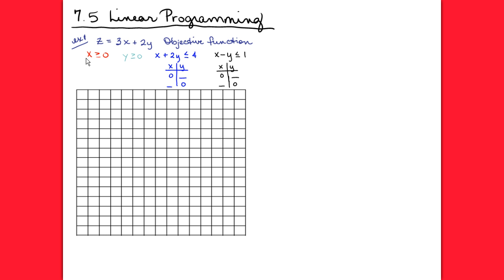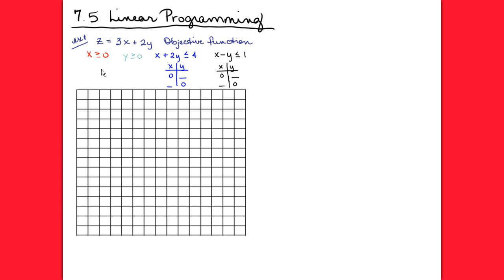All right, so let's start with x is greater than or equal to 0. We said that if you were going to graph an inequality, treat it just as if it said equal to. So what does x equals 0 look like? Yes, a vertical line at 0. Is it going to be dotted or solid? Solid, because it's got an equal to with it, right?